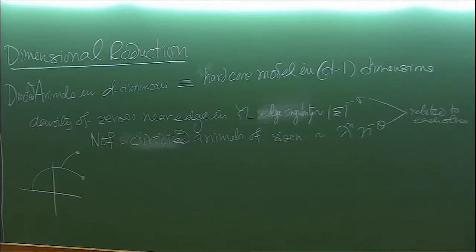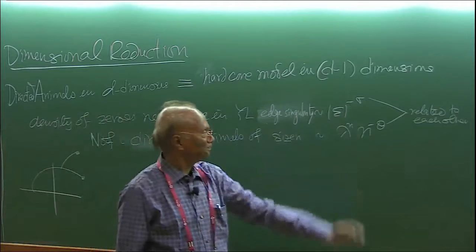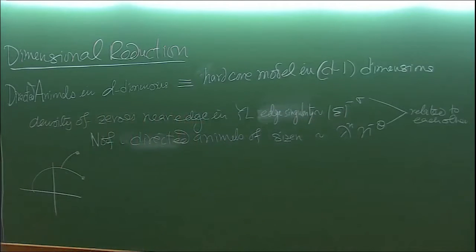In 2D, it is known that theta is 5/6 and sigma is 1/6. Okay, so the relation is 1 minus 5/6 is 1/6.